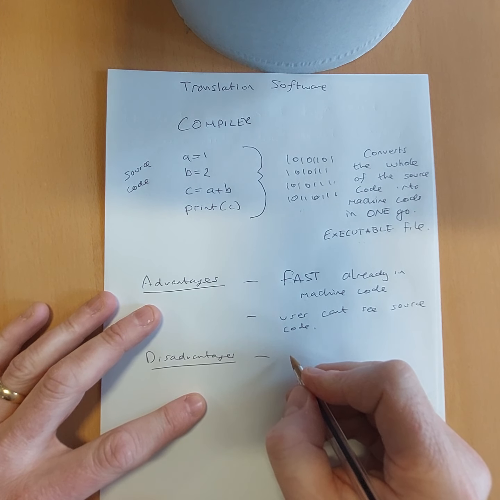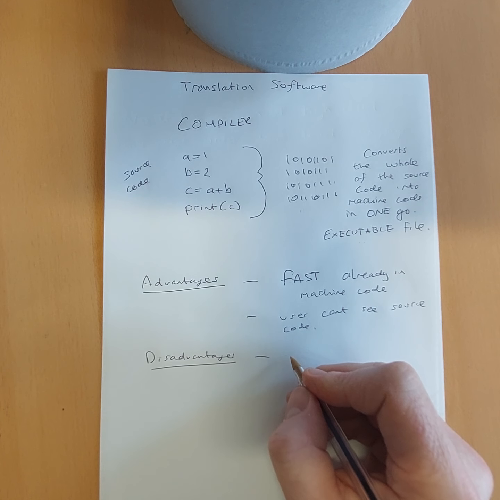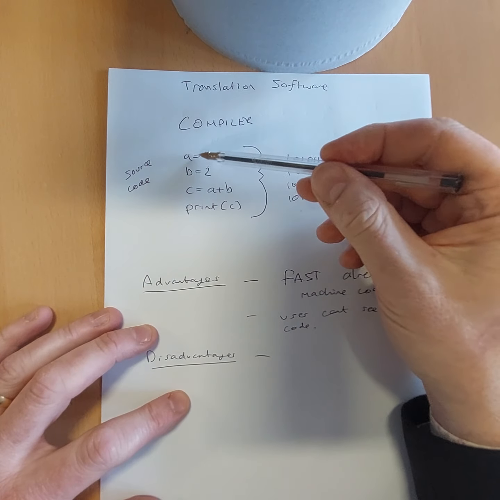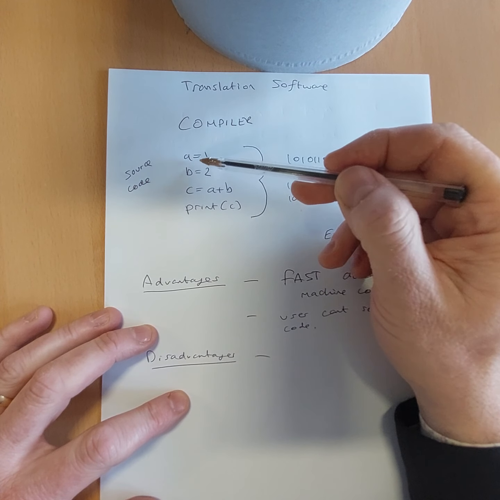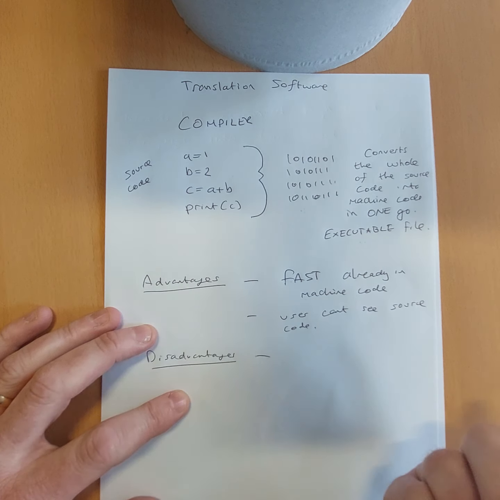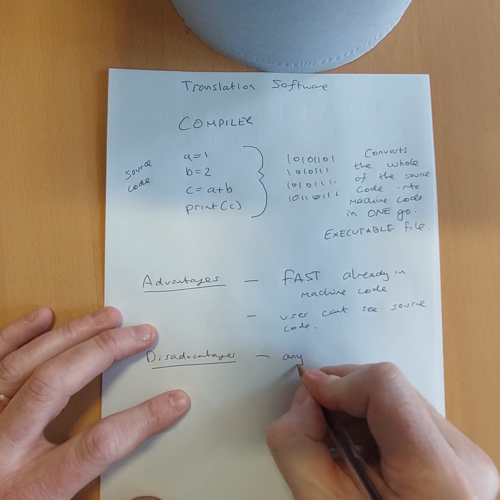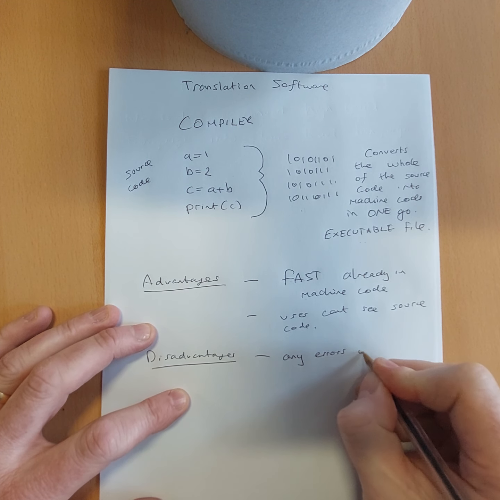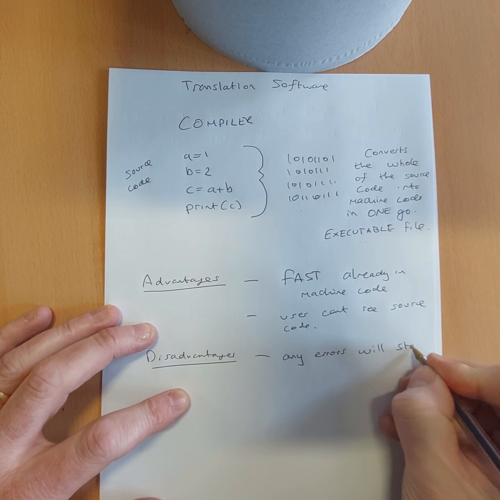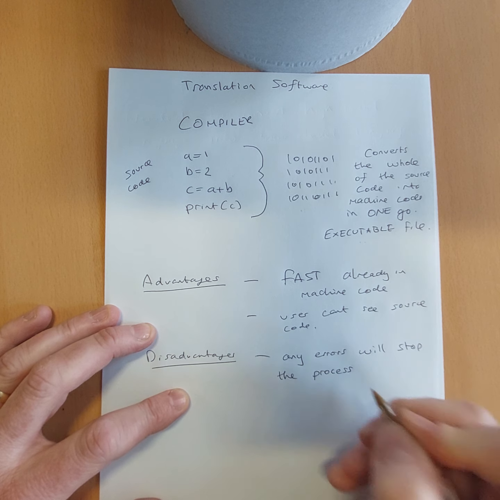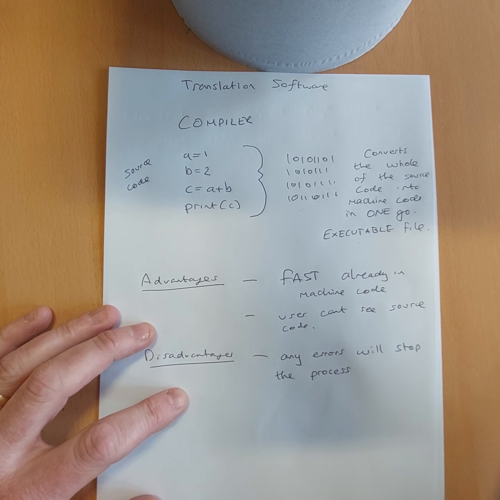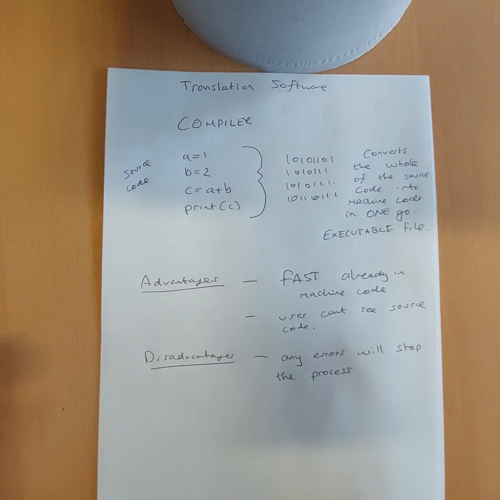That can be a bit of an issue, because with the interpreted program, it's interpreting each line one after the other, so if there was an error here, these two lines would run. In a compiled program, any errors will stop the process, or you can't compile if there are any errors anywhere in your code. So the compiler will stop, you'll have to go back, fix the error, go back again and keep doing that.